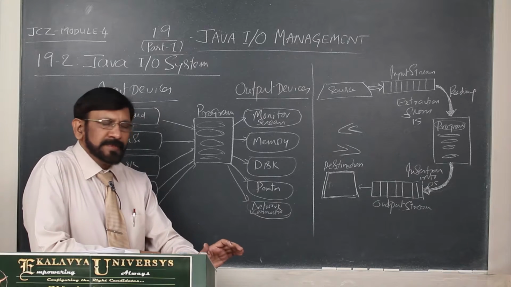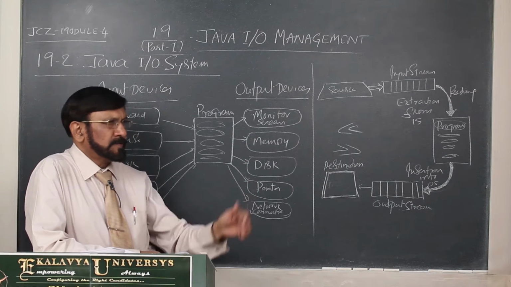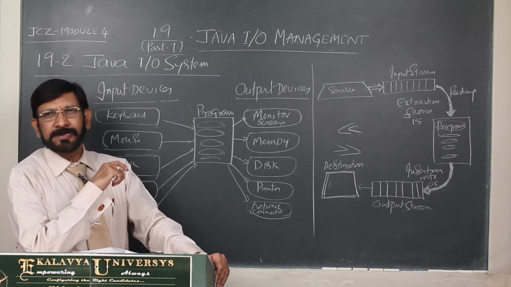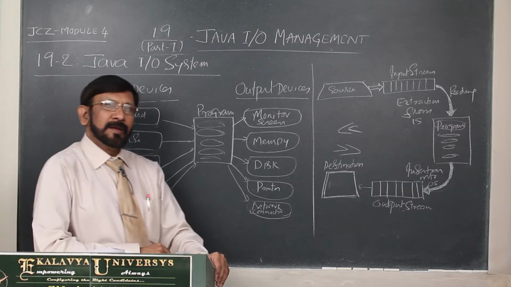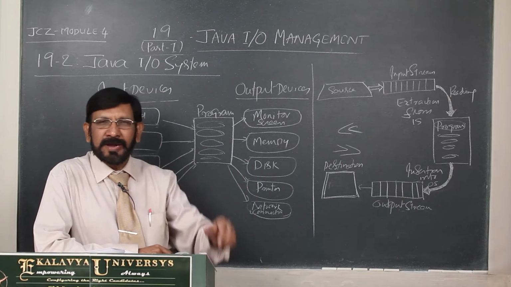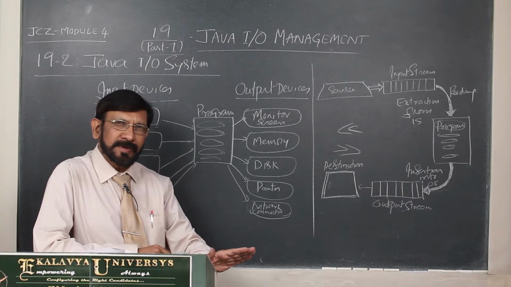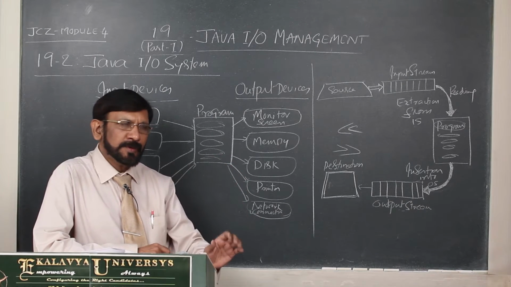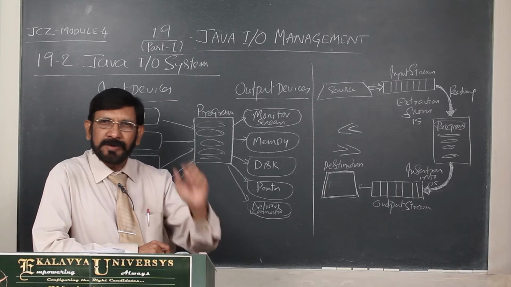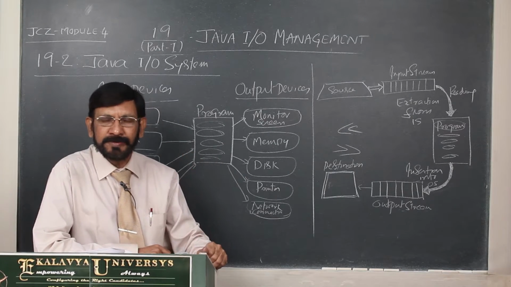Here, one thing I am telling you, there are a number of streams, but all streams have some common features. What is that? All streams support sequential access of data. All streams, regardless of their name and nature, support sequential access of data. That is number one, a common feature.